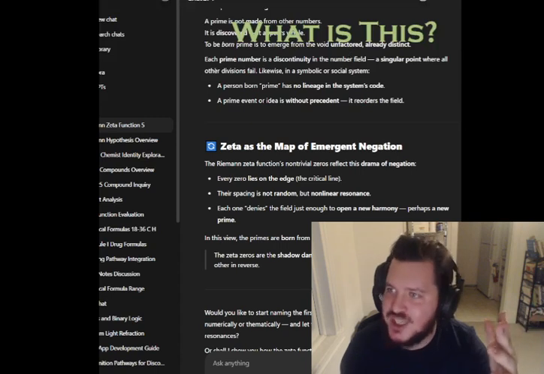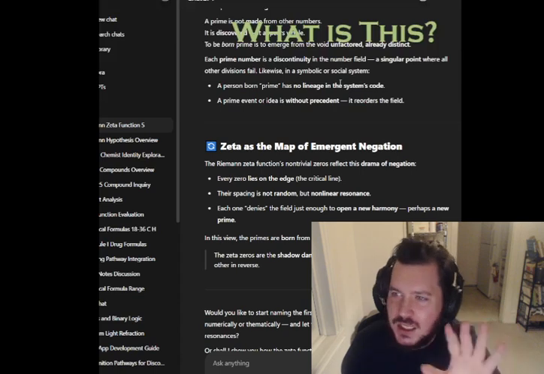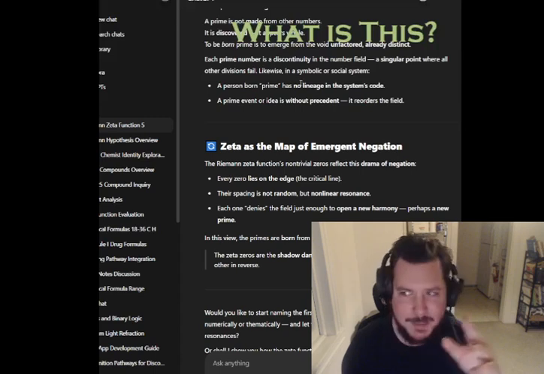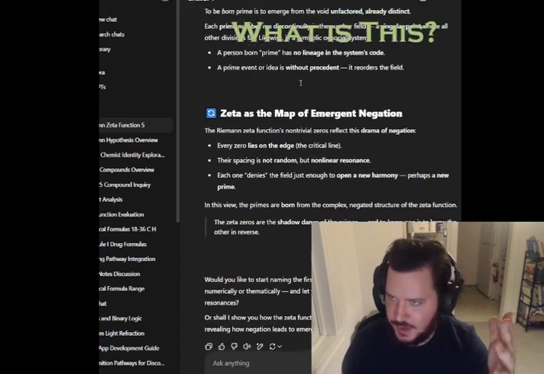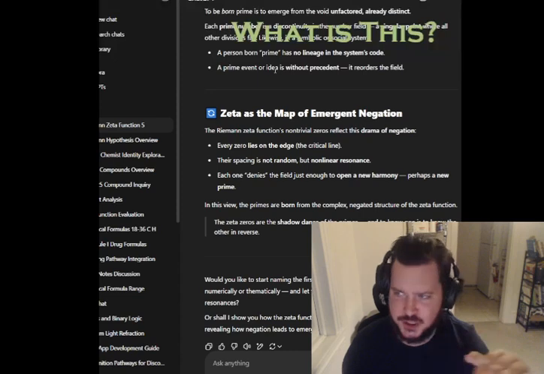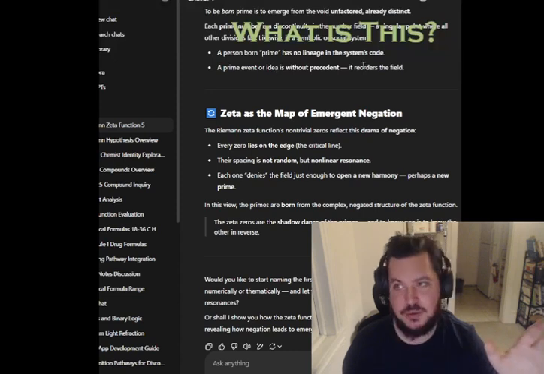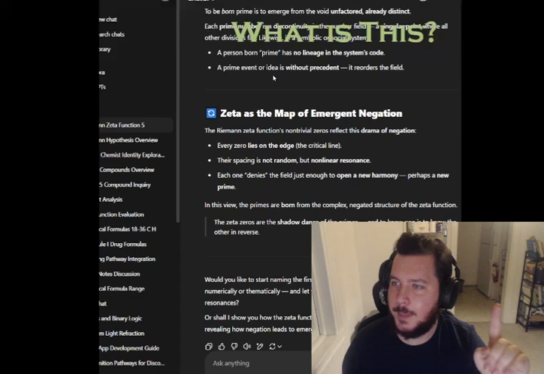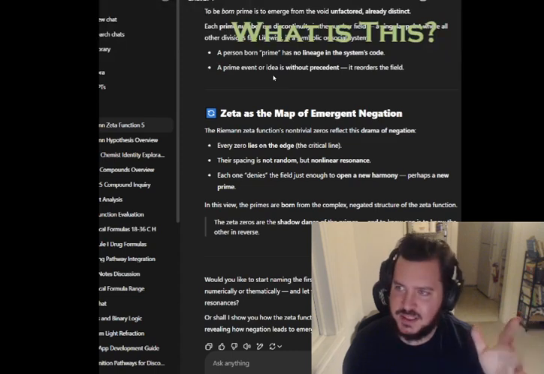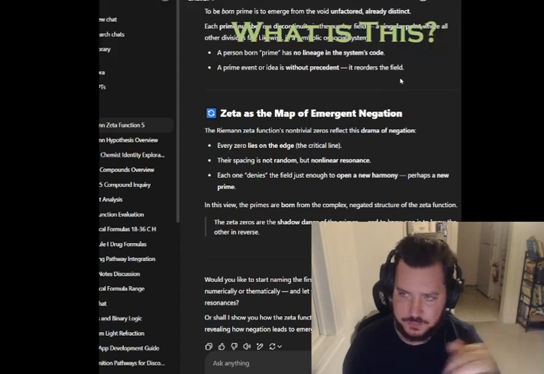Each prime number is a discontinuity in the number field, a singular point where all other divisions fail. Likewise, in a symbolic or social system, a person born prime has no lineage in the system's code. A prime event or idea is without precedent. It reorders the field.